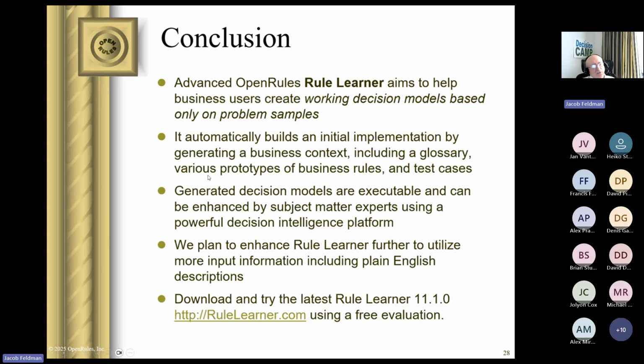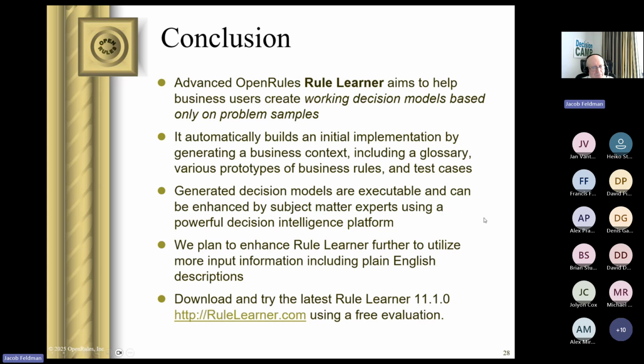So this is my conclusion: Advanced Rule Owner aims to help business users create working decision models based on examples. It automatically builds all the major business context for decision models and allows us to deploy and enhance these models.